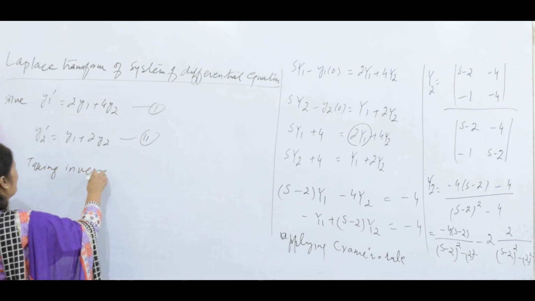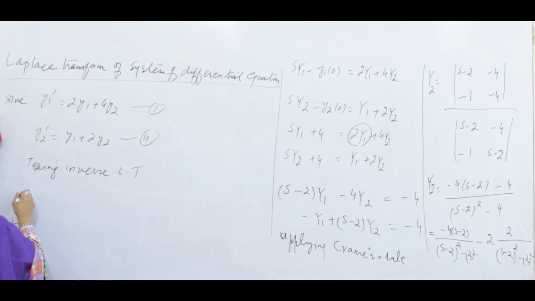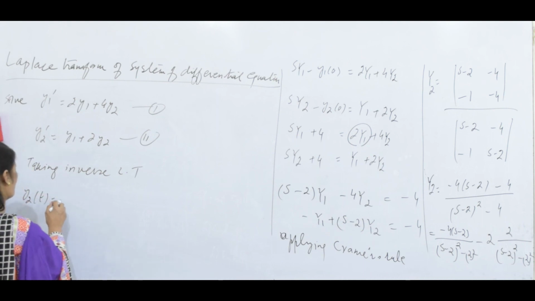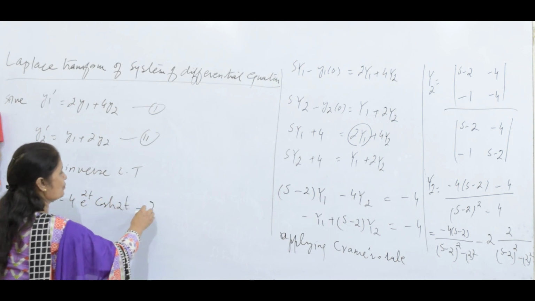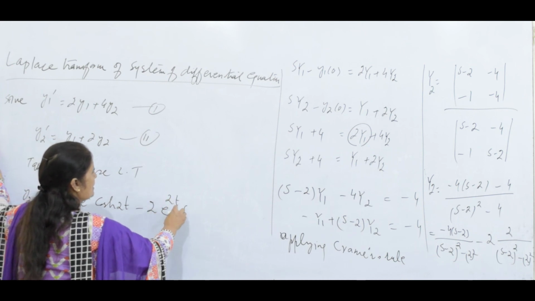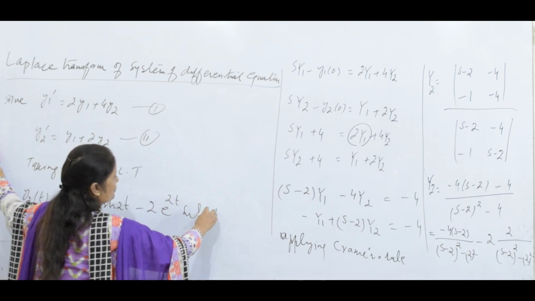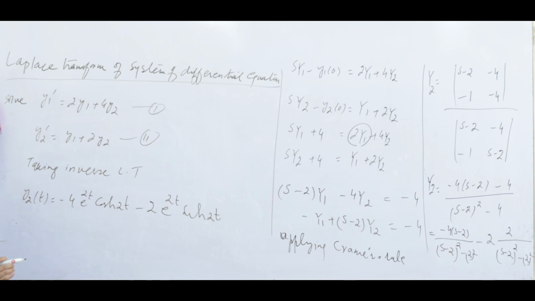So you get y2(t), which is -4 e^2t cos hyperbolic 2t minus 2 e^2t sine hyperbolic 2t. This is your y2, and that is y1.